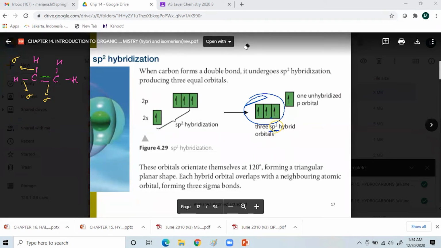You know that sp2 has a trigonal planar shape, like this. The bond angle is 120 degrees. Imagine that there are two C's here. They overlap each other with trigonal planar shape. This is a sigma bond, which forms between hybrid orbital and hybrid orbital.